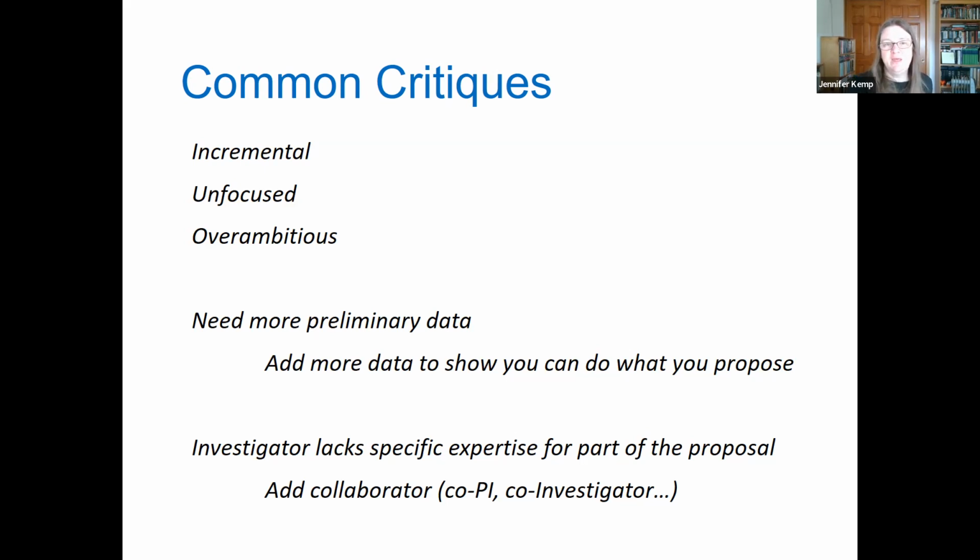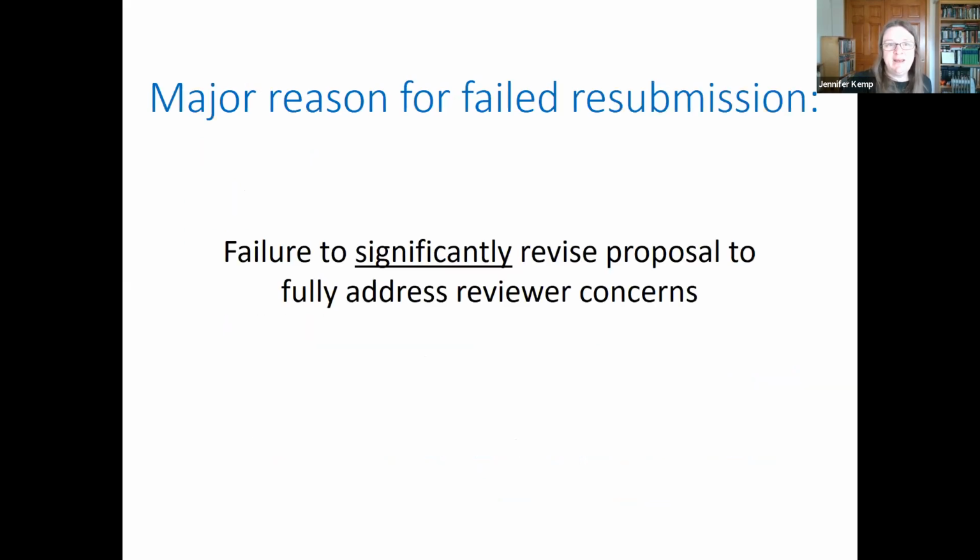Okay. So with all this in mind, I can tell you that in my view, from what I've seen, the most common reason for a failed resubmission, one that doesn't get funded that second time, is an overall failure on the investigator's part to significantly revise the proposal to really fully address all these reviewers' concerns. So you need to show that you've heard them.